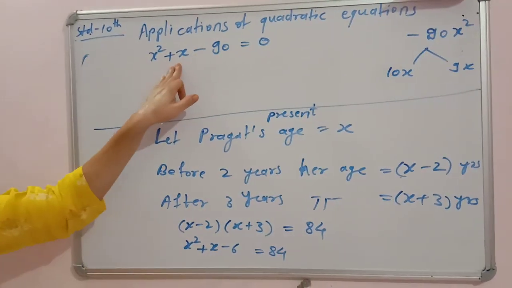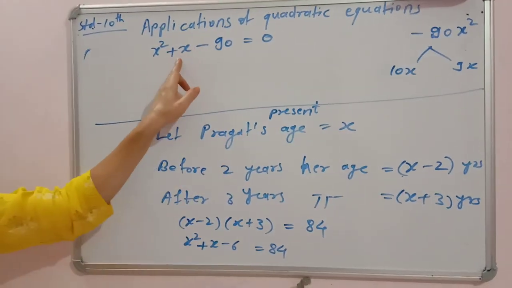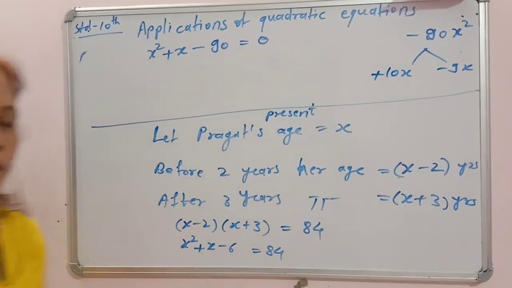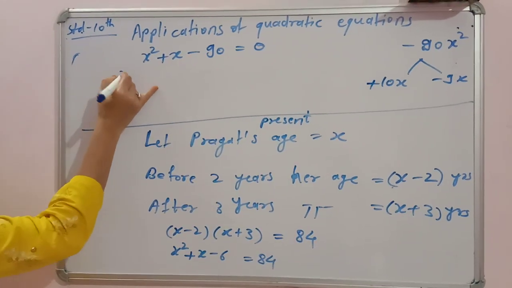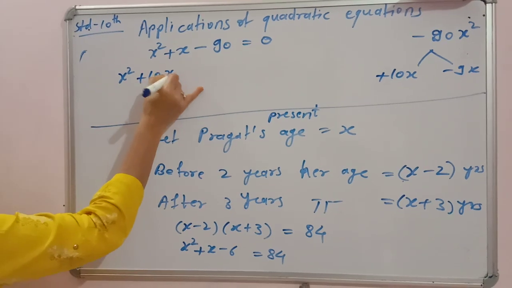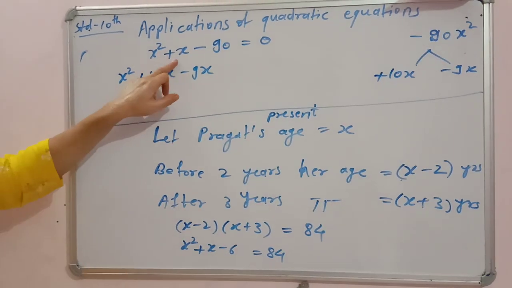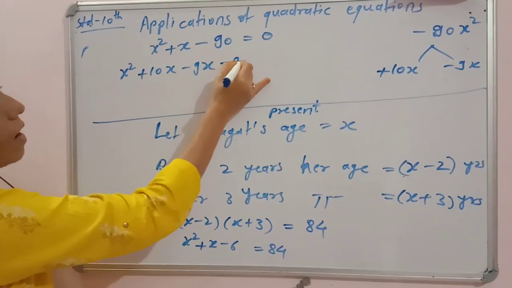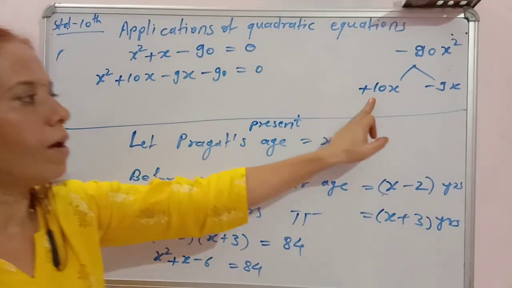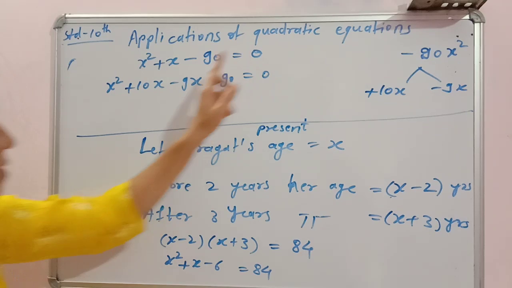Which factor can I take positive? The middle term is positive, so the bigger factor will be positive, the smaller factor will be negative. So x square plus 10x minus 9x instead of this minus 90, that is, I have found out the factors of 90, like plus 10x minus 9x.